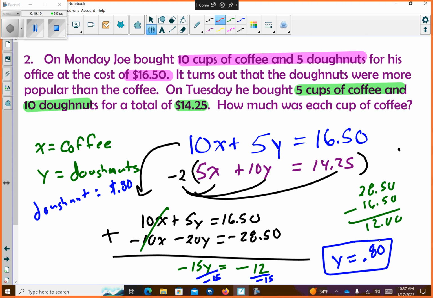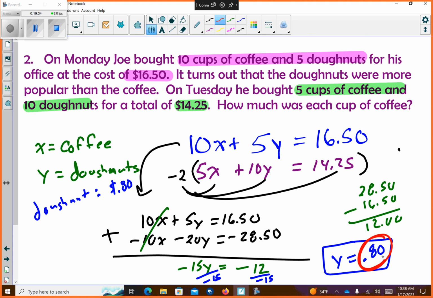So, friends, what should I do with this 80 cents to figure out my coffee price? Plug it in. Now, we have to use some logic here. There are some numbers that are nicer to multiply. I could plug that 80 cents into either one of my y's. So I could plug 80 cents in for the y here, so I'll go 5 times 0.8.